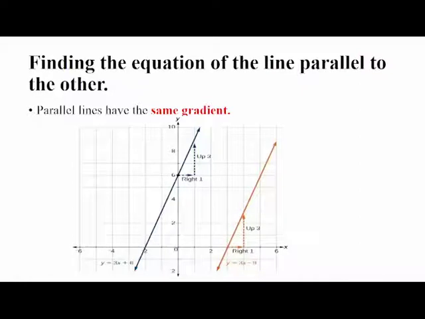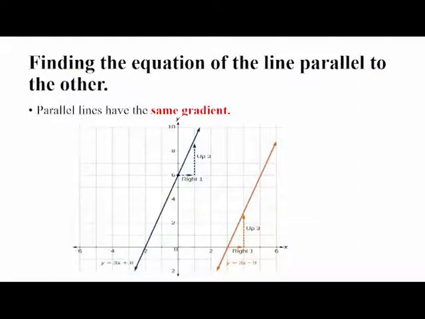So for this line, they say the equation is y is equal to 3x plus 6. You can see the gradient is 3 and the graph cuts the y-axis at 6. Therefore, the equation is y is equal to 3x plus 6. For this one, the gradient is 3 and the y-intercept is negative 9.